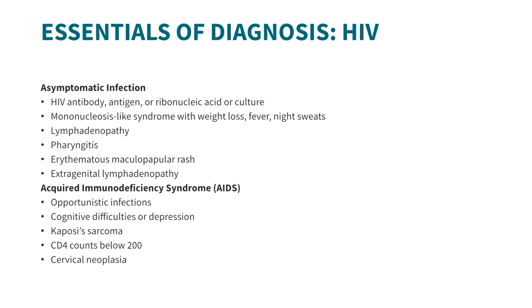At the beginning, HIV positive people will have flu-like or mononucleosis-like symptoms with weight loss, fever, night sweats, lymphadenopathy, pharyngitis, erythematous papular rash, and also lymphadenopathy extragenital or close to the genitals.